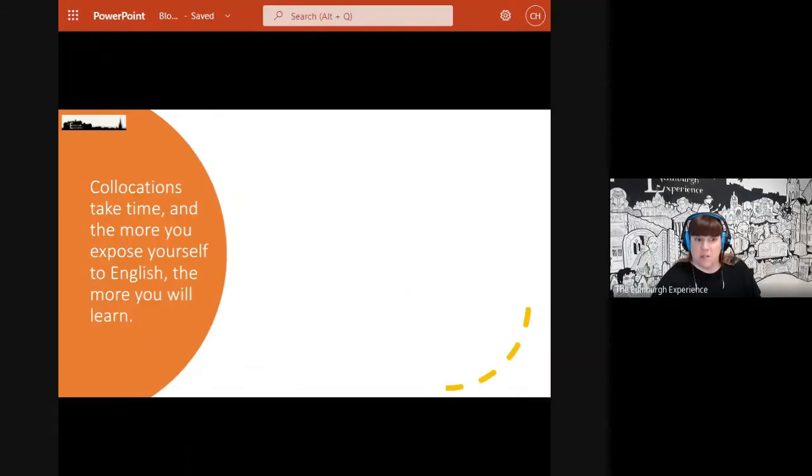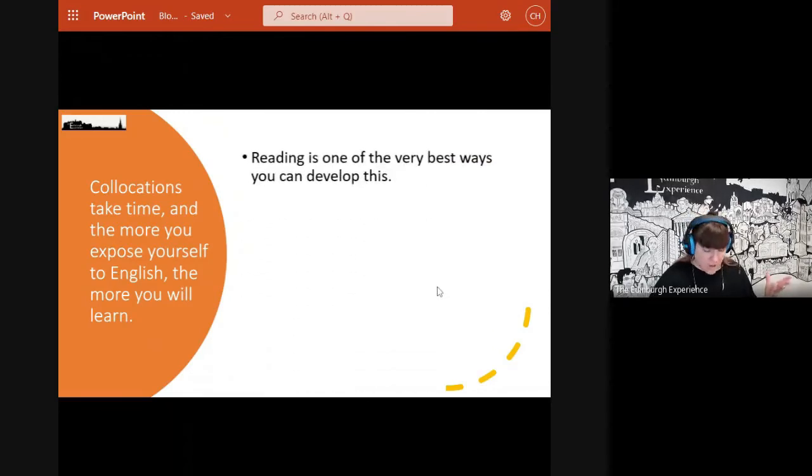Just to summarize what we've talked about, collocations take time to learn, okay? And the more that you expose yourself to English, the more collocations you will be able to learn. So one of the very best ways you're going to develop your knowledge of collocations is reading, yeah?